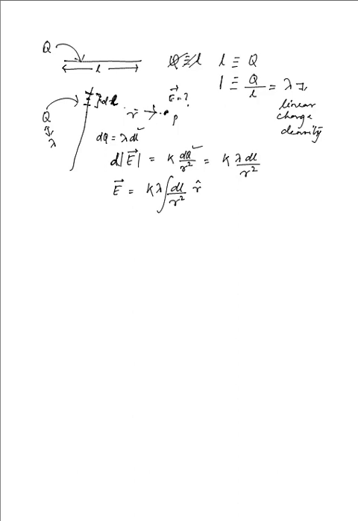Now let's take an example which will help you to understand this in a better way. Suppose we want to calculate the electric field intensity at a point which is lying at a distance z along the z-axis. This is probably the z-axis, right?